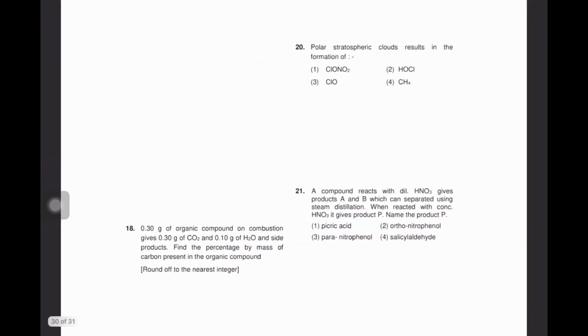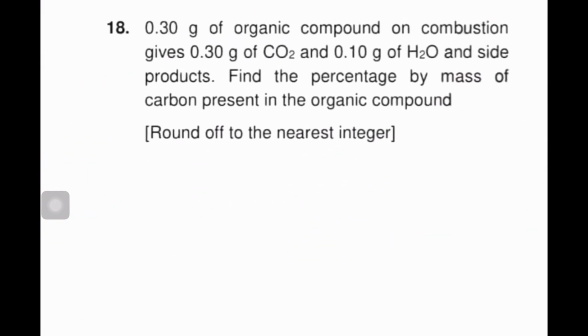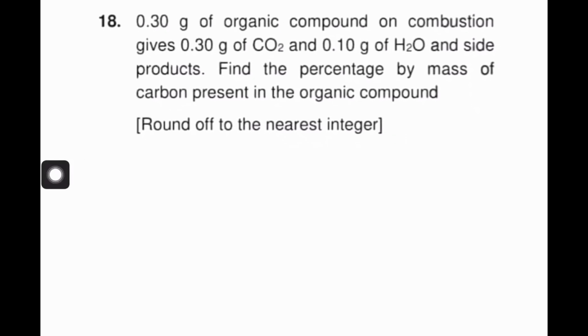Now the next one. 0.30 gram of an organic compound on combustion gives 0.3 gram of CO2 and this much gram of H2O as a side product. Find the percentage by mass of carbon present in this. All the carbon present in the organic compound is converted to CO2.